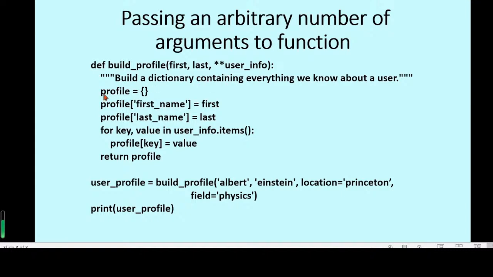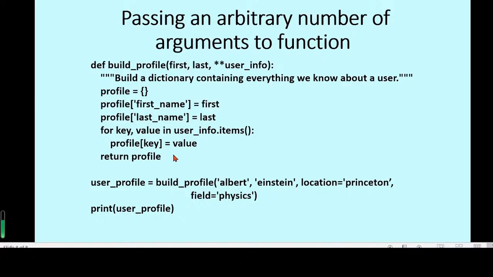So in the function, we define an empty dictionary first. Then we create the keys of this dictionary, with the values coming from these parameters. Same for the last name.